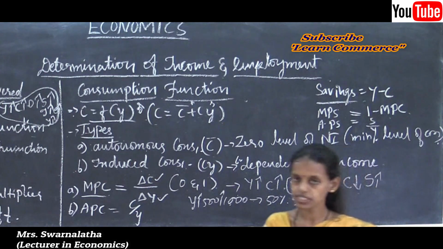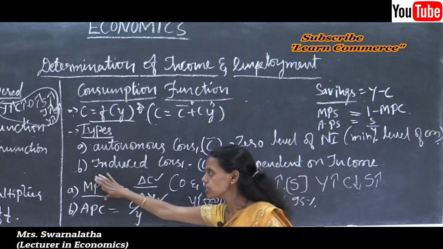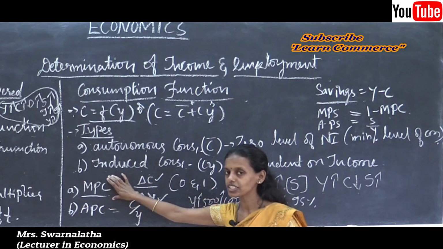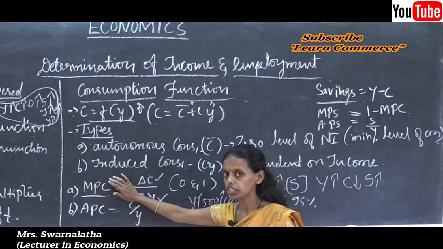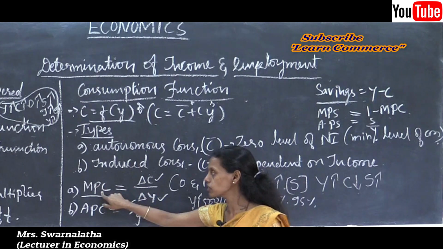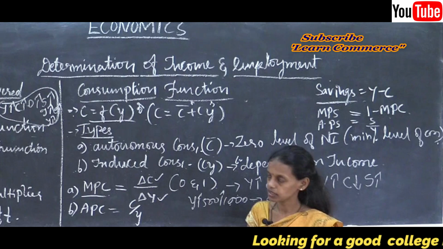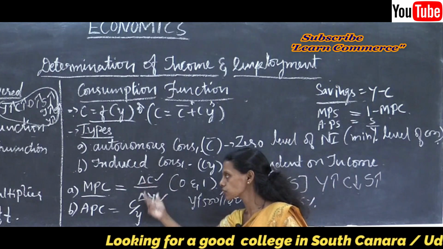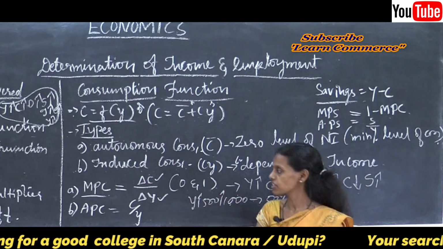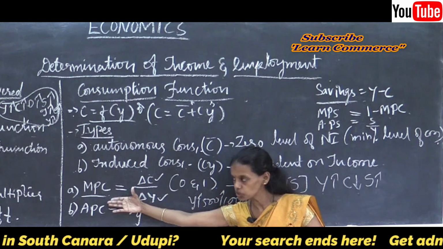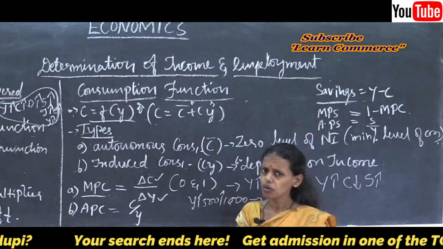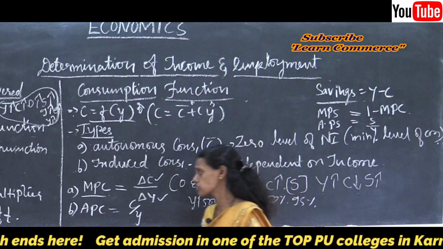This is said to be the marginal propensity to consume. The additional capacity of an individual to consume particular goods always depends upon the income. Thus, the change in the consumption due to the change in the income is said to be the marginal propensity to consume.